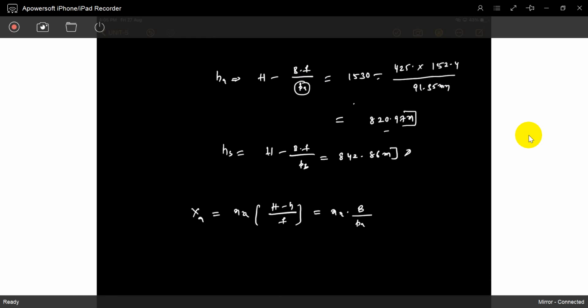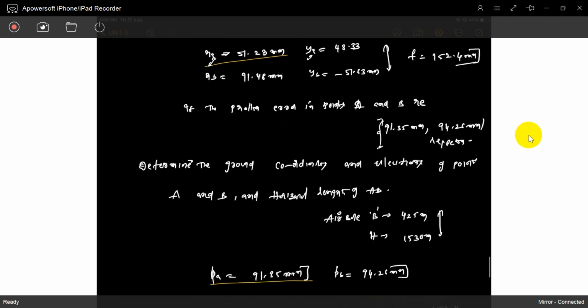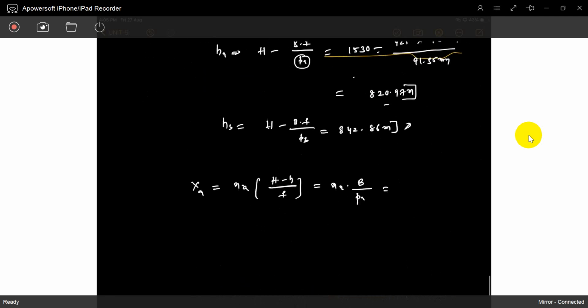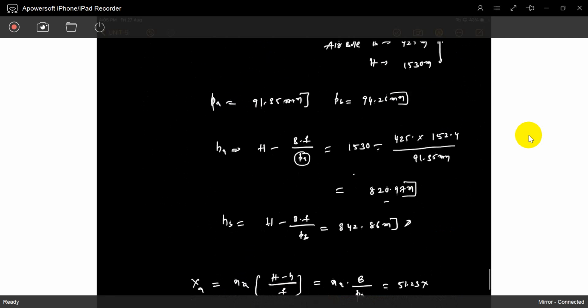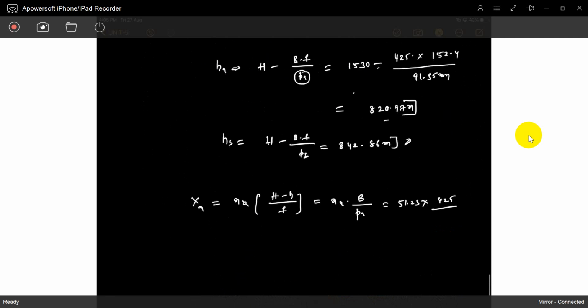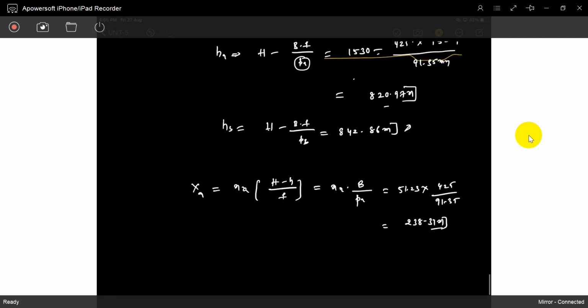That's it. Just now we derived it. So what is XA? xa is 51.23, B is the air base 425 meters, divided by parallax error 91.35. So what do you get? 238.34 meters. That is XA.